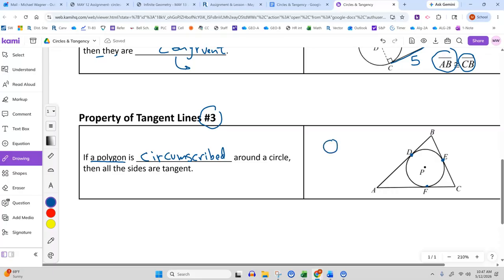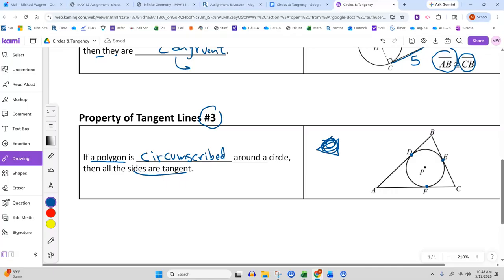If it was a 4-sided figure, it would touch 1, 2, 3, 4. It's kind of hard to draw that one, but the point is there's a triangle, so it touches at 3 places. It's called circumscribed. Then all the sides are tangent, meaning that AB is tangent at this point, BC is tangent at that point, and AC is tangent at F.